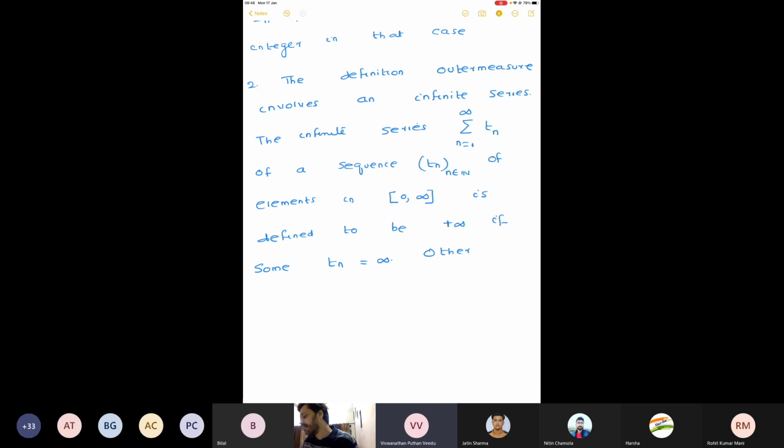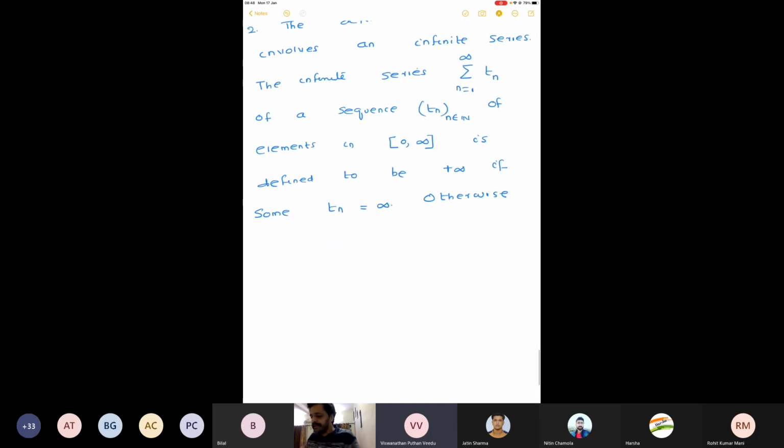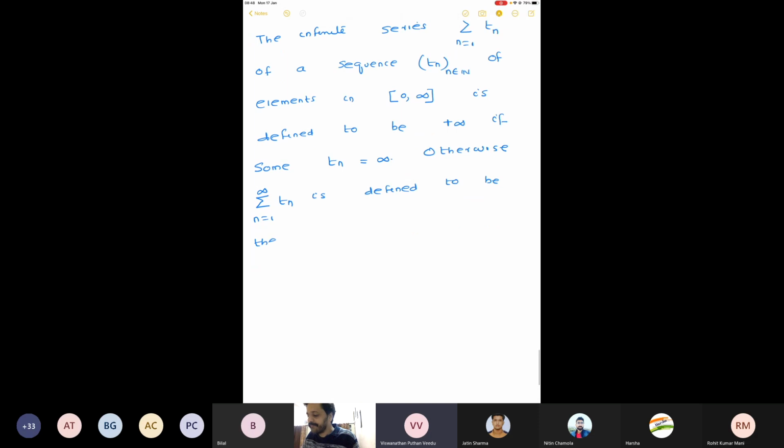Otherwise, suppose no T_n is infinity, then the summation of T_n, n equal to 1 to infinity, is as usual defined to be the limit of the increasing sequence of partial sums: S_1 equal to T_1, S_2 equal to T_1 plus T_2, S_3 equal to T_1 plus T_2 plus T_3, and so on.